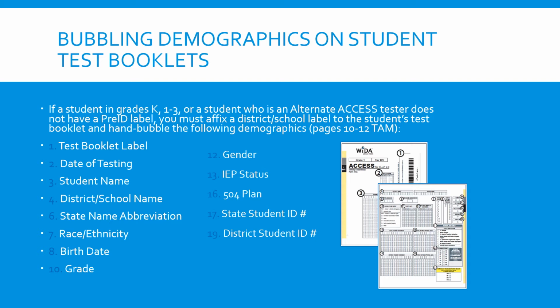It is very important that your bubbling be precise because it is used for validation and accountability purposes. Inaccuracies could delay student scores, result in no score for a student, or cause a student not to receive a test result report. So please be sure and be very careful and double check bubbling on student test booklets.